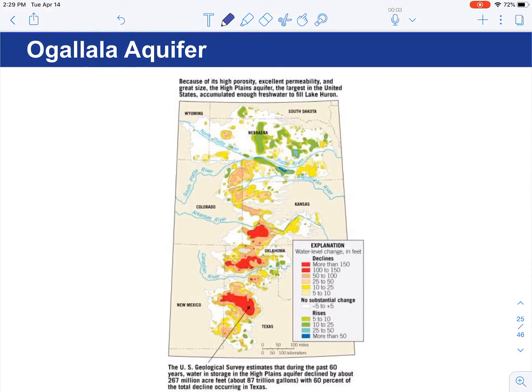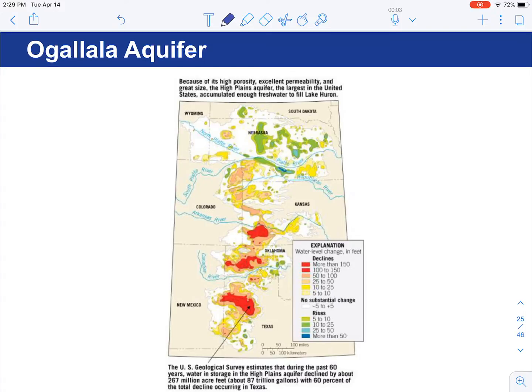Obviously, this is a map of the central United States, but what you're seeing here in the rainbow of colors is groundwater, and the groundwater is represented by depth. So you can look at the colors indicating where the water table has dropped more than 150 feet in recent years, and that would be in red, compared to where the water table has risen about 50 feet, and that would be in blue.